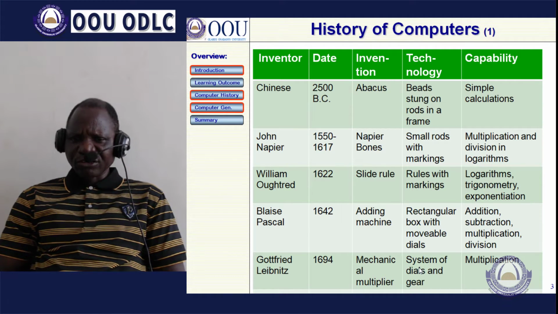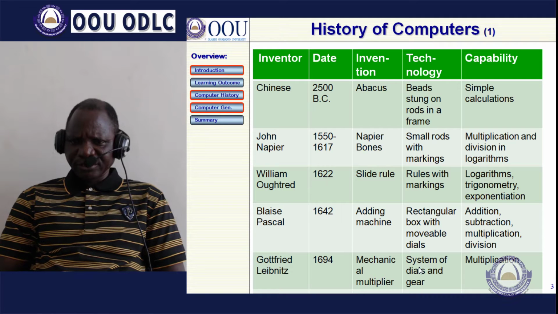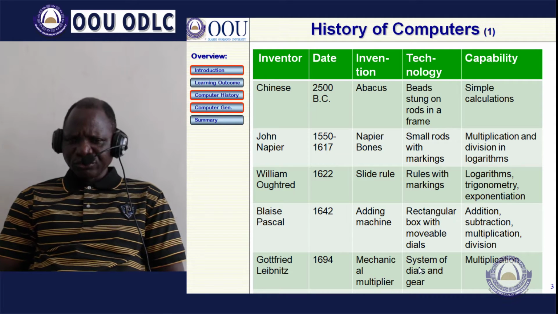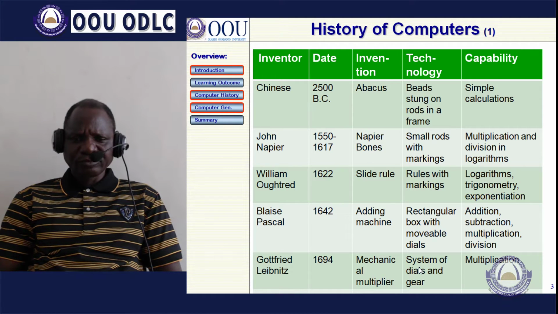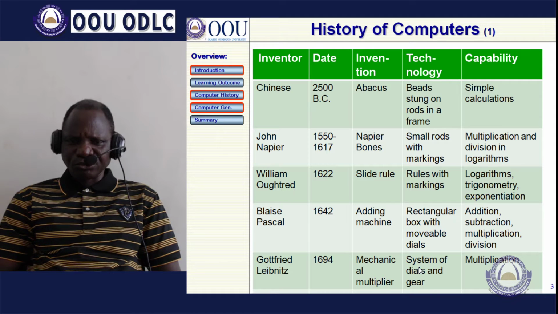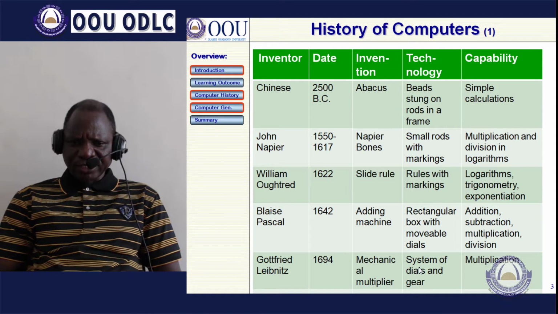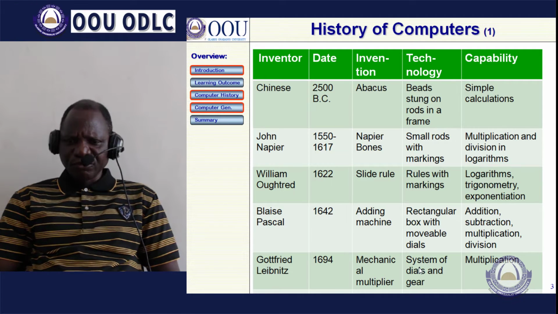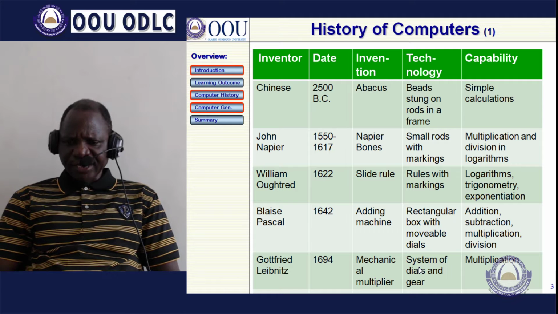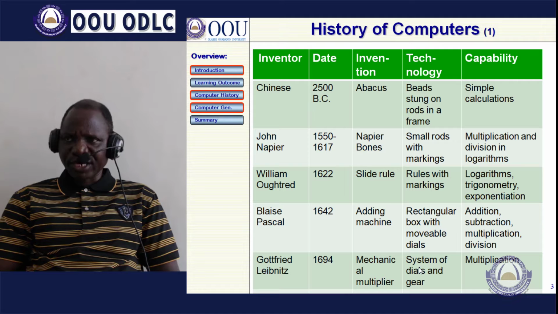The technology consists of small rods with markings, and Napier bones were able to perform multiplication and division in logarithms. Then comes the slide rule, invented by William Aldrich around 1622. The slide rule consists of rules with markings and can undertake logarithms, trigonometry, as well as exponentiation.